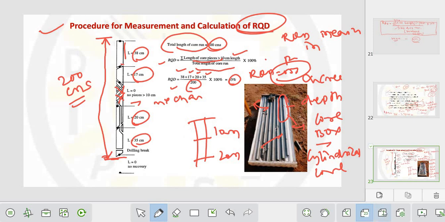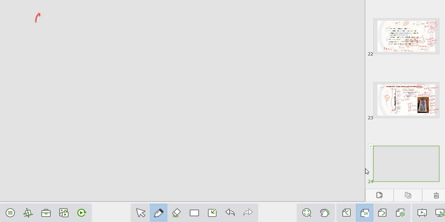And another parameter, let me add, that is called the core recovery, ठीक है. core recovery ये कैसे कैलकुलेट करते हैं?